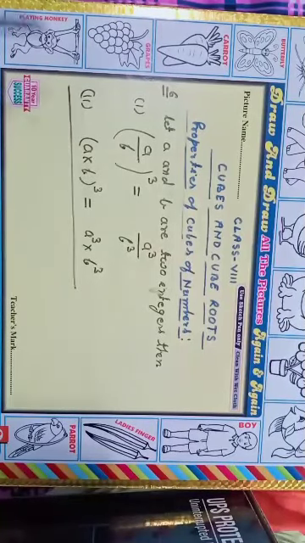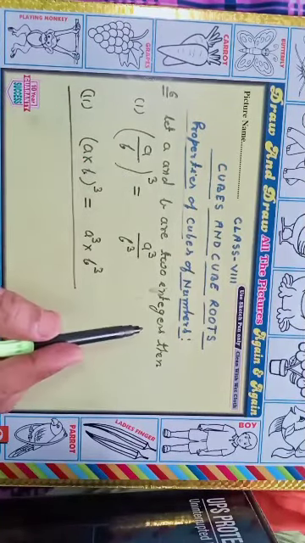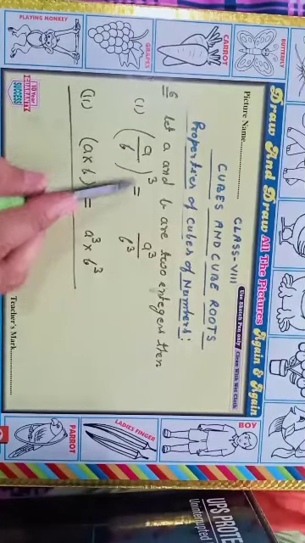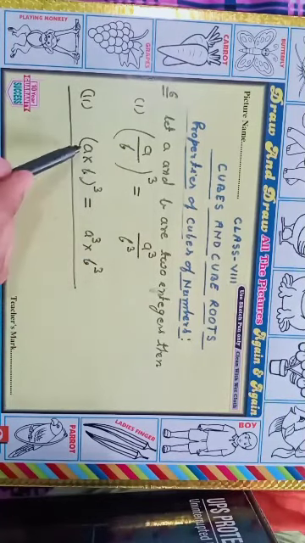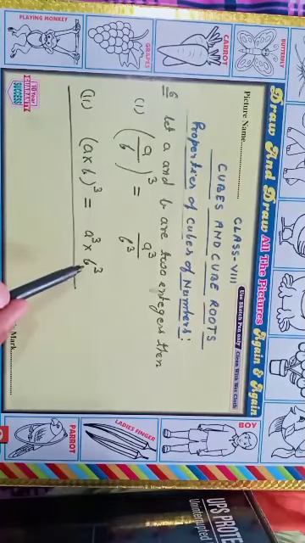This is the sixth property, where A and B are two integers.